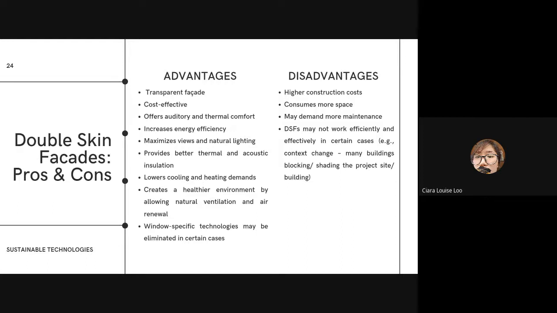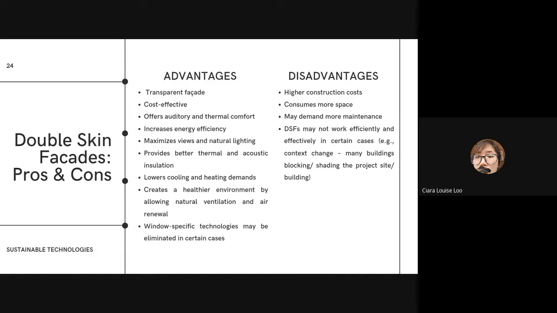So these are the advantages and disadvantages of having double skin facades. As you can see, the advantages outweigh the disadvantages. It's nice because it has a transparent facade. It can give a seamless look, and it's also cost effective, and it offers auditory and thermal comfort.